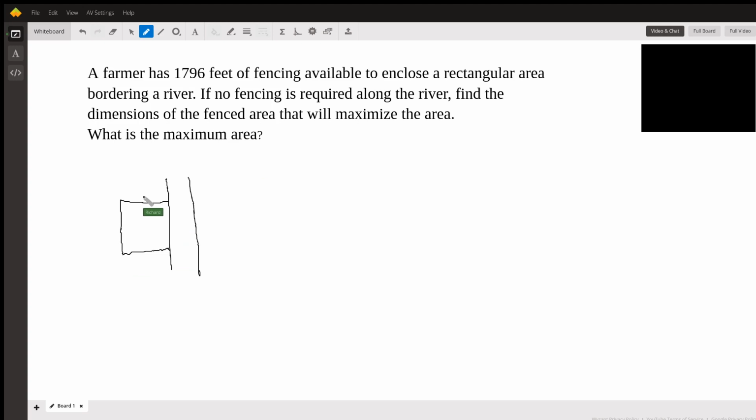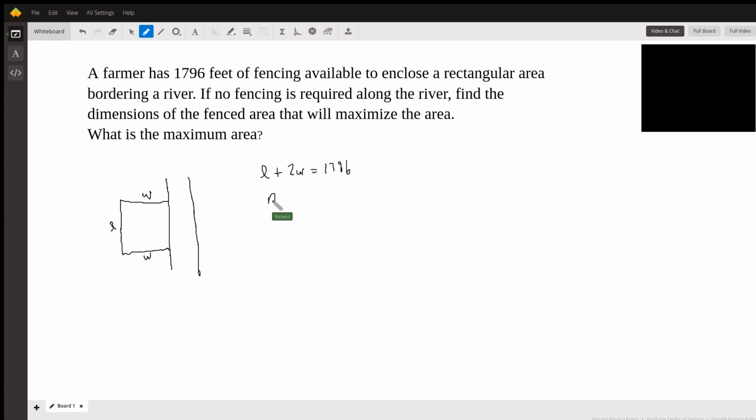So we have a width and a length here and a width here. So that's the fencing we're going to buy. We know we're going to buy 1796 feet of fencing. So L plus 2W is equal to 1796.